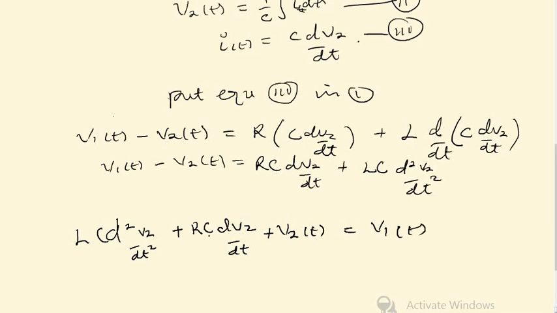Yes, so this is the final answer, the final solution which relates v2 and v1, and this is a second order system. This is the differential equation of the second order.